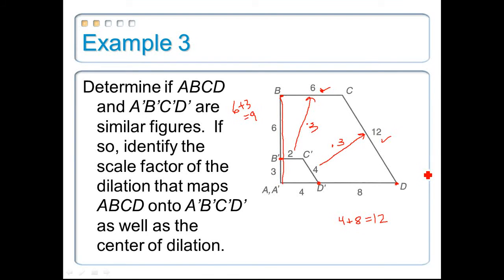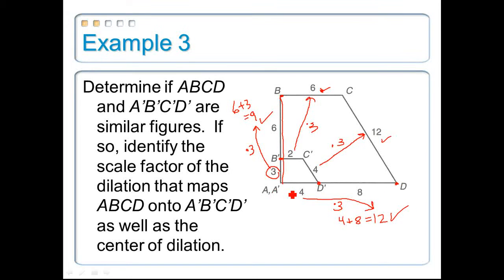I think some of you have already figured it out. We're actually comparing 3 to the whole side length, which is 9. And that's times 3. So that checks with being 3 times bigger than 3. And you're comparing the 4 with the 12, which is times 3. And so that checks as well.